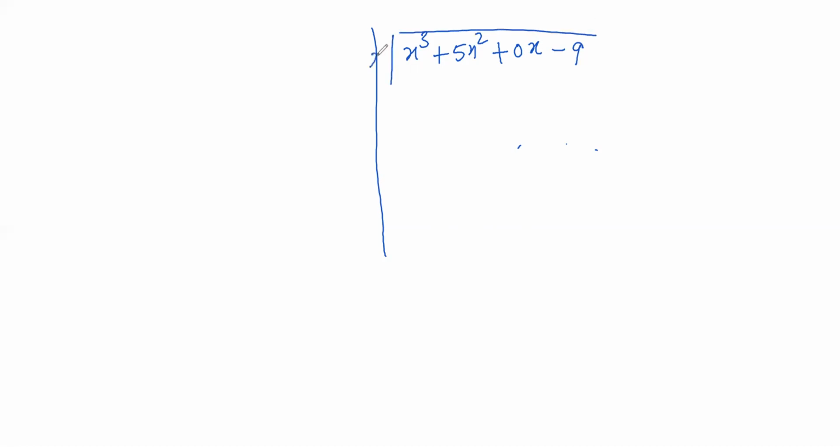The first term here is x cube, and the first term of the divisor is x. So x cube by x gives x squared. Now x squared into x, x cube, plus 2x squared. Change the sign, minus, x cube cancels, 5 minus 2, 3x squared. Get down the next term, 0x: 3x squared plus 0x.